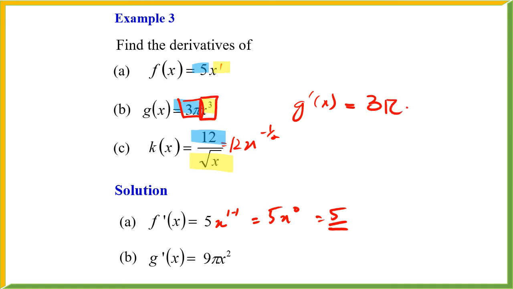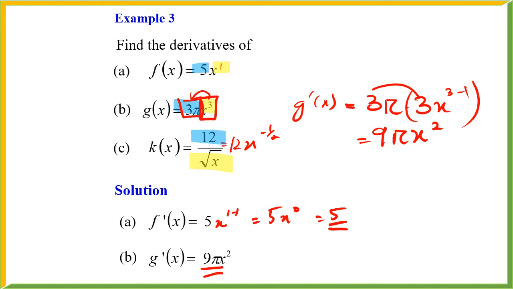How to differentiate x to the power of 3? We bring the power 3 to the front, so it will be 3 multiplied by x to the power of 3 minus 1. Everything here is multiplied, or you can put it in brackets. So simplify everything: 3 multiplied by 3 is equal to 9, so 9 pi, and x to the power of 3 minus 1 is x squared. That's why the answer is 9 pi x squared.